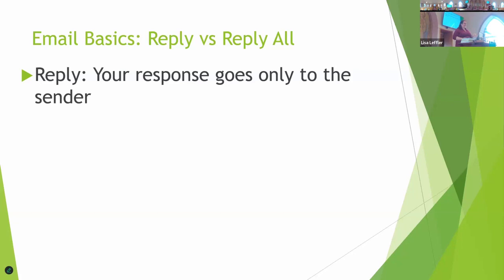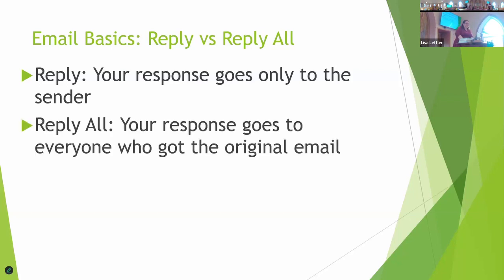So if you're in your Outlook, automatically it will just go to reply. If you're in a message with a lot of people, if you're in Gmail, automatically it will go to everyone, which is why I made the mistake of sending something to everyone that I meant to send to one person, because I use both. And so reply is just to talk to that one individual person.